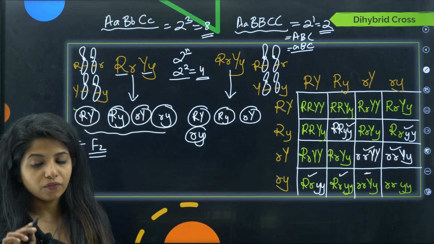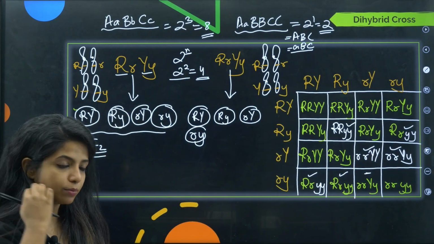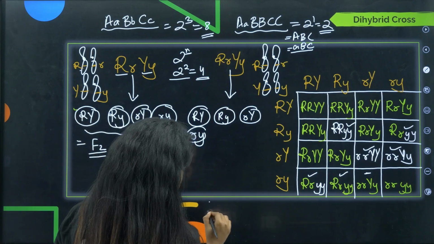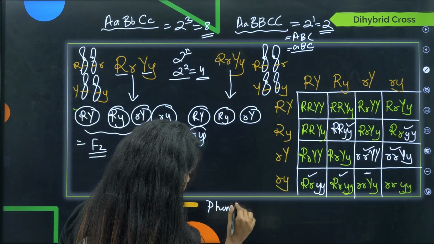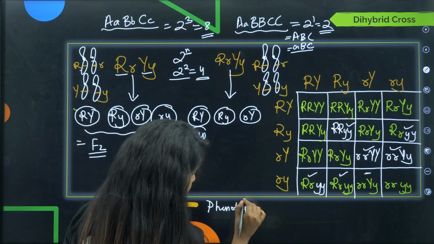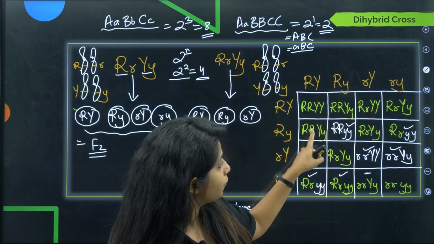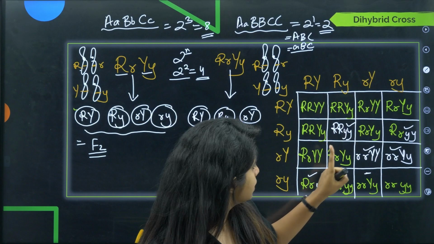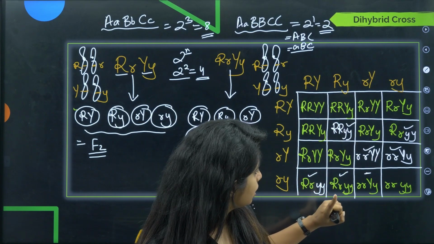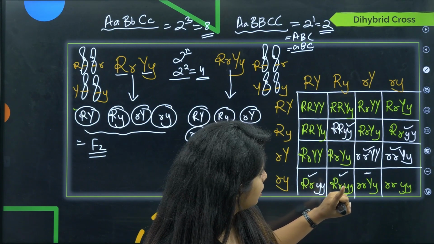Okay. Now we are going to see the phenotype, because I know it's very much confusing. First, let's see the phenotype. So I see 1, 2, 3, 4, 5, 6, 7, 8. Wait.